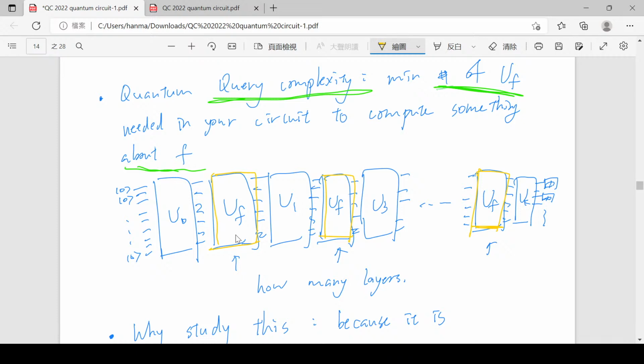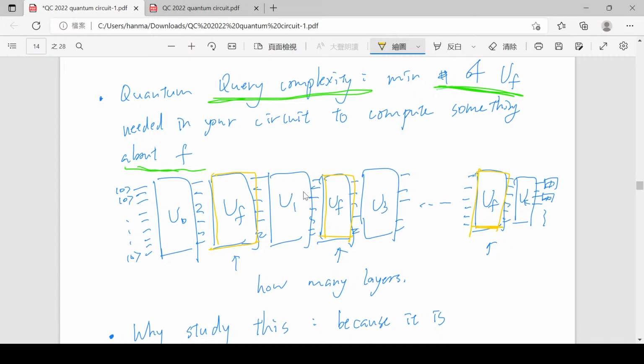In a general algorithm there are other things you might do, but we think they don't cost anything. So you can place an arbitrary unitary between your oracles. Your algorithm is: you start with 0, 0, then you apply whatever unitary you want. But the point is that this unitary doesn't depend on f, right? Once again, f is kind of the input now.